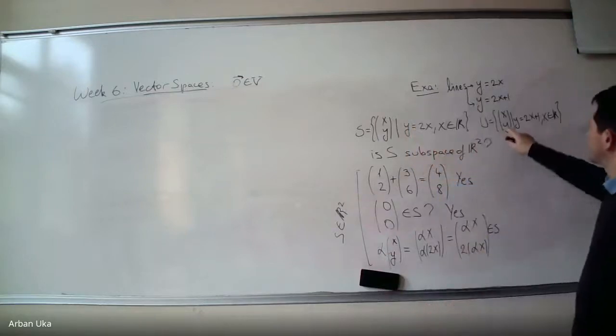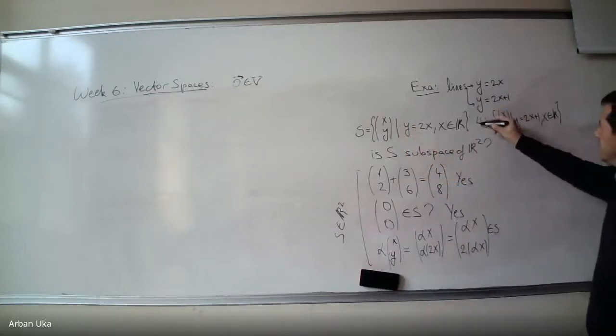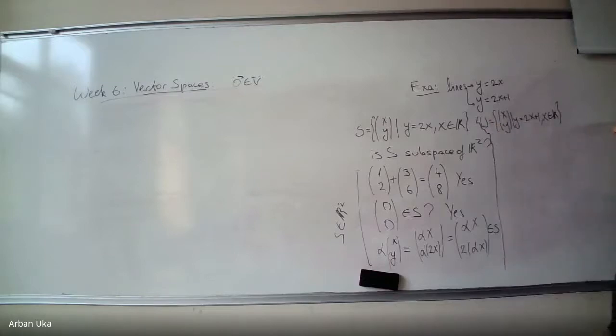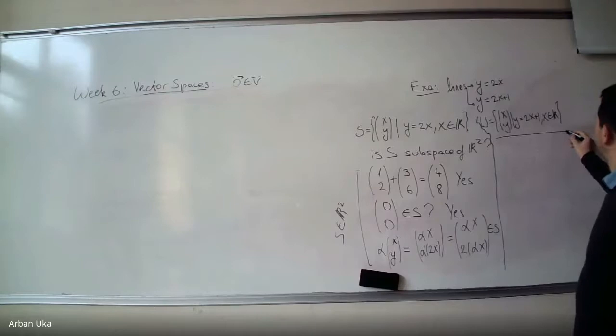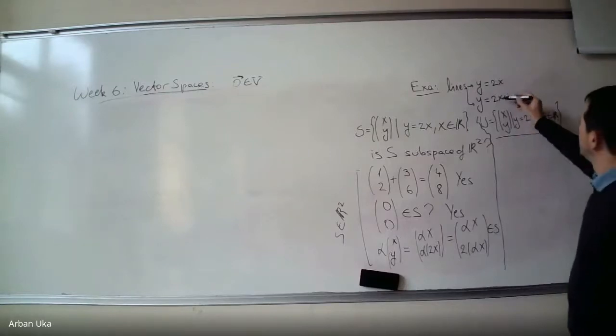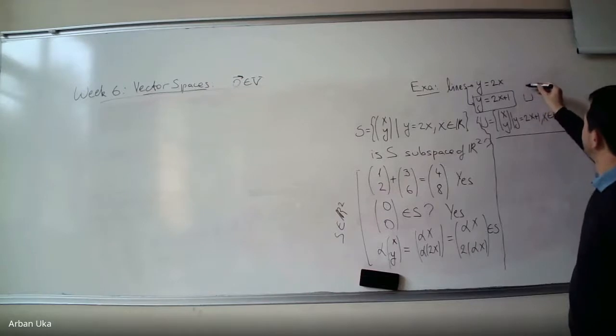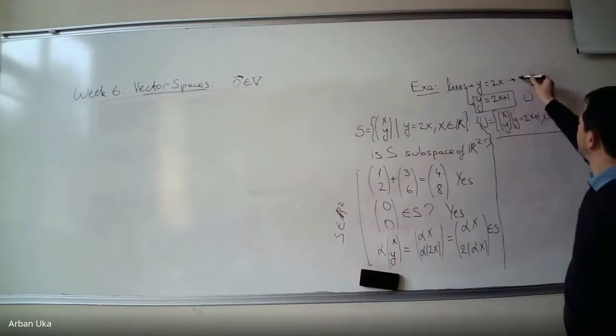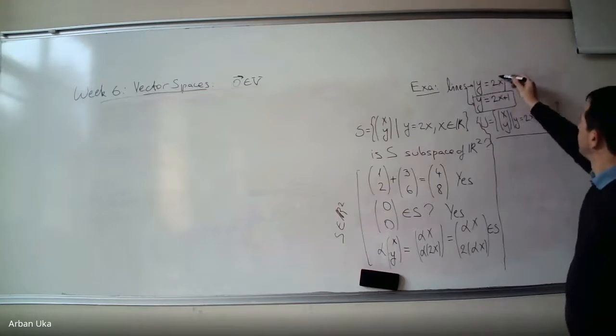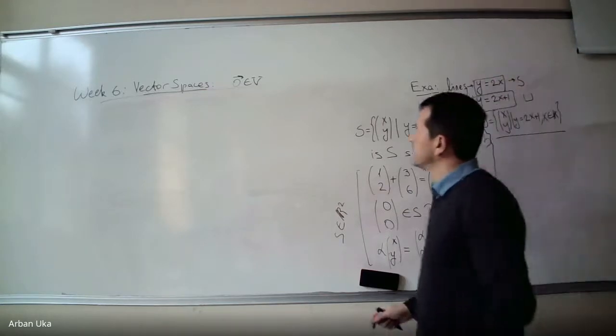What can you say about U? Is U a subspace of R squared? Where U is the second line. What can you say?